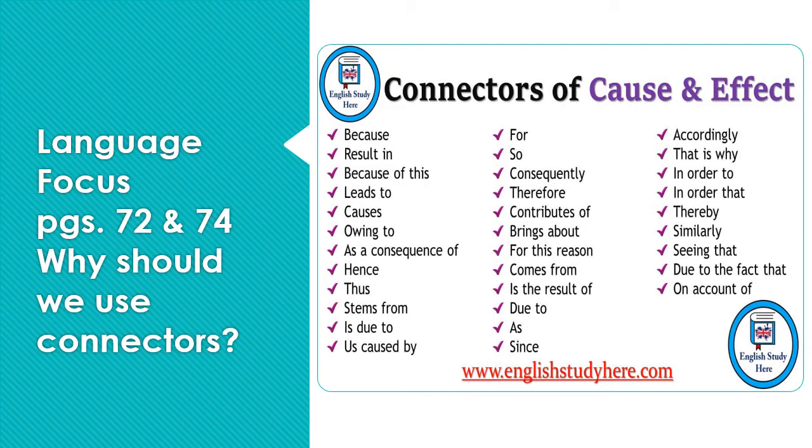All of these are mixed in together, but you should be able to figure out the different ones. Also, so is obviously very popular. So is as a result of, is the result of. All of these different ones you can use. You don't have to follow just what's in the book. You can follow these on this chart. You can also do your own research.